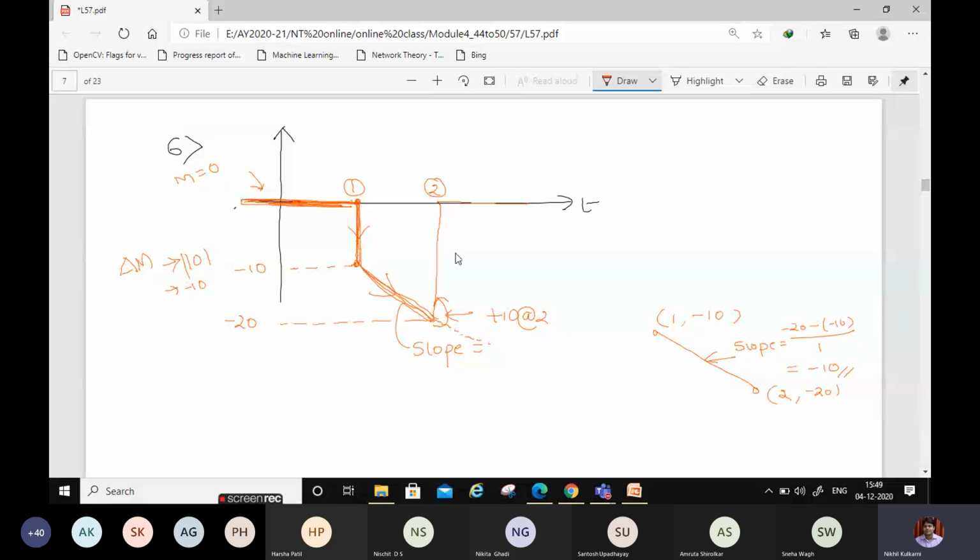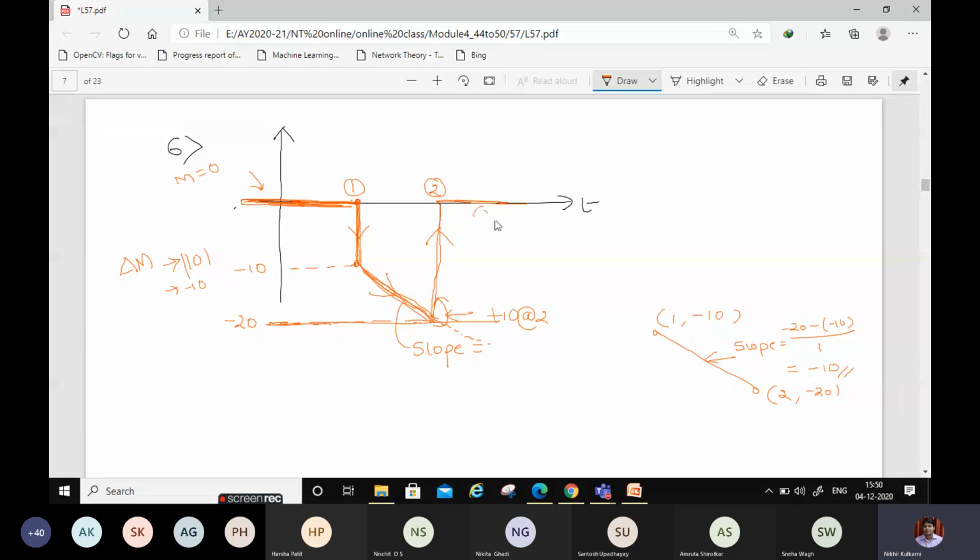Before you write the equation, you need to analyze this. Now, what is the magnitude here at this line? Don't check the slope only. Check the magnitude. Magnitude is minus 20. Now change in magnitude is happening.